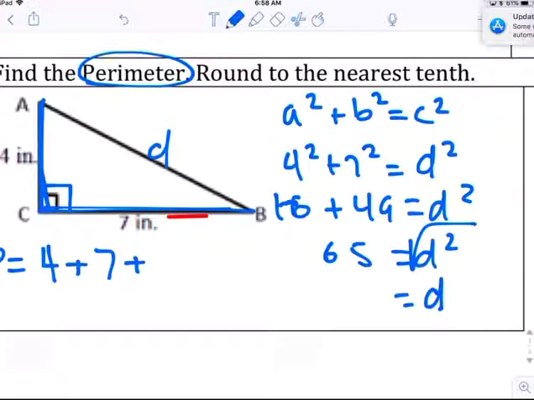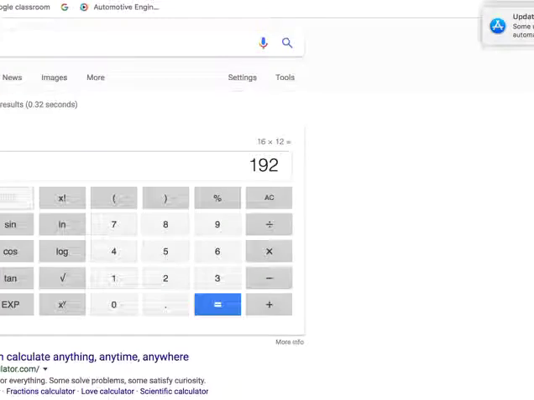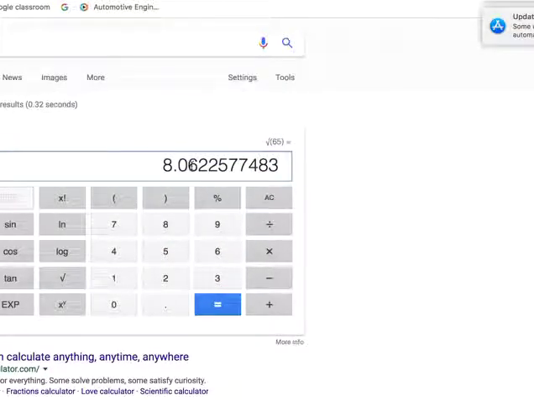The square root of 65 is equal to 8.06. This is a 6, so this 0 goes up 1 to a 1. 8.1 inches.